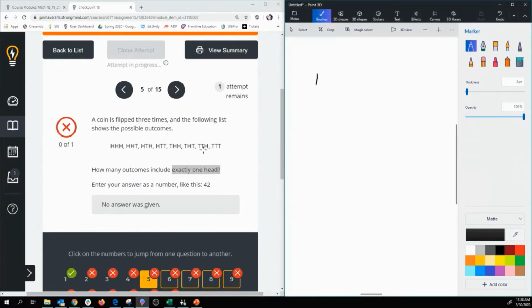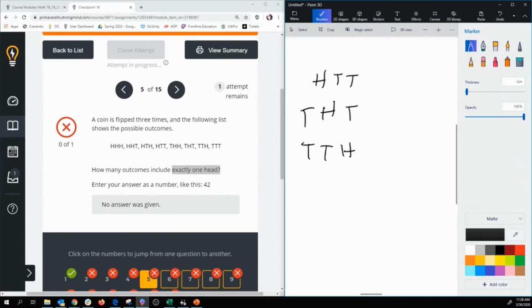So I can have heads, tails, tails, tails, heads, tails, and then tails, tails, heads. Do you guys see any other options that have only one head listed? Nope, I don't either. Now, the question is asking us how many outcomes. So it's not asking me for probability.